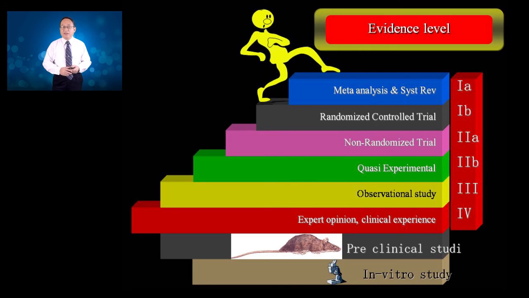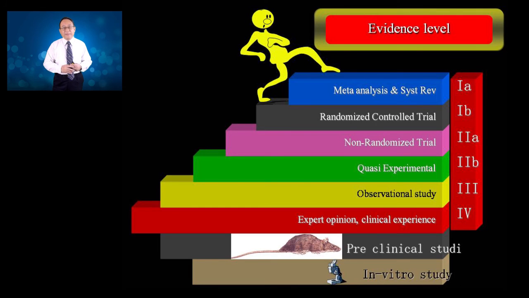Level 2A is non-randomized trial. Level 2B is quasi-experimental. Level 3 is observational study, such as cohort, case control, cross-sectional study. And level 4 is expert opinion or clinical experience. If there is no evidence available in all journals, finally you can ask an expert to answer your question.